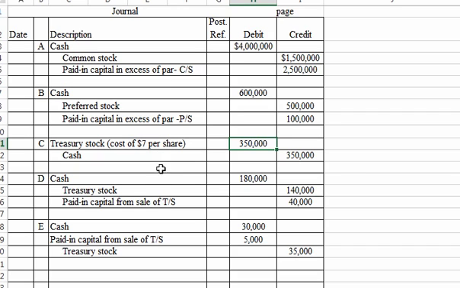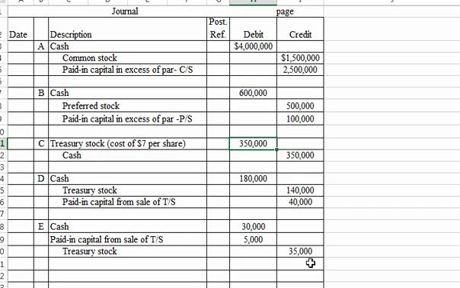The excess goes into paid in capital from sale of treasury stock, a stockholders' equity account that increases on the credit side. Then, similar situation on E. We increase cash, the asset, for the amount received when treasury stock shares are sold. We're going to credit treasury stock at its cost.